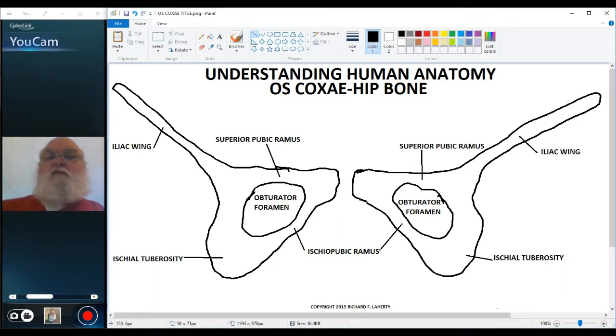Now, I'm going to sketch in a bump, a protrusion on each pubic bone. And these protrusions are the pubic tubercles.